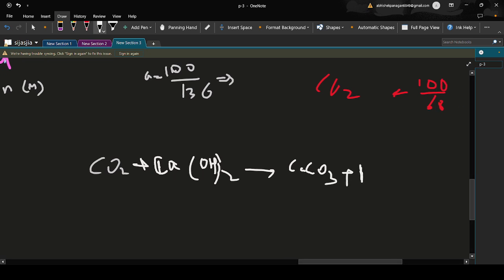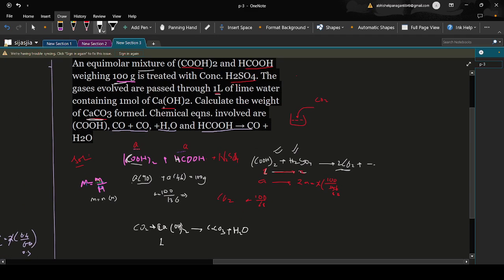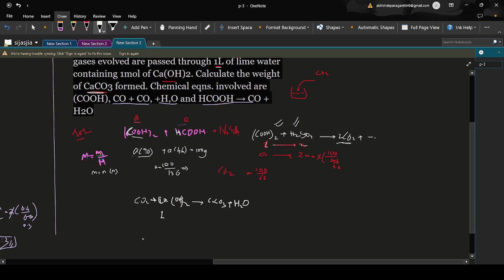They mentioned one mole of Ca(OH)2. Calculate the weight of CaCO3 from the chemical equation.